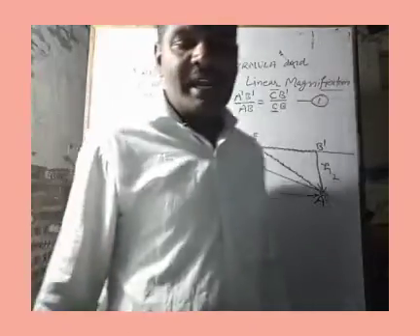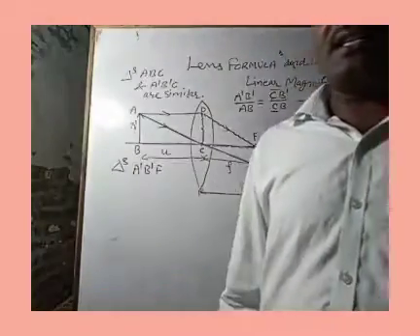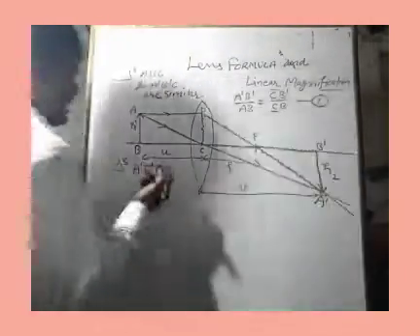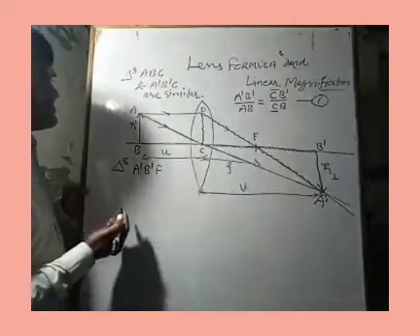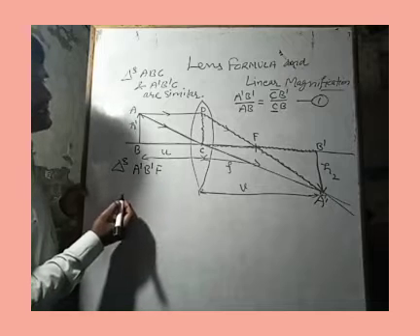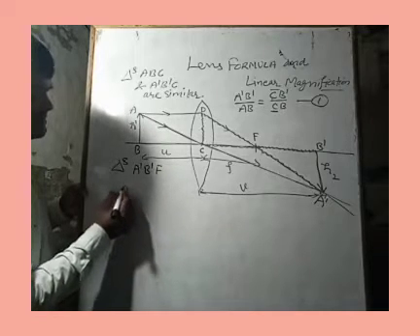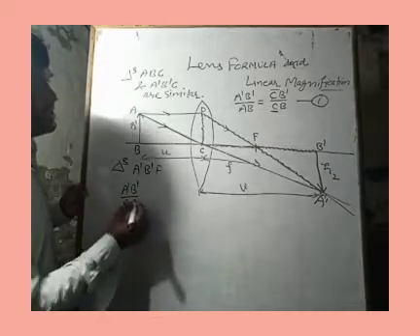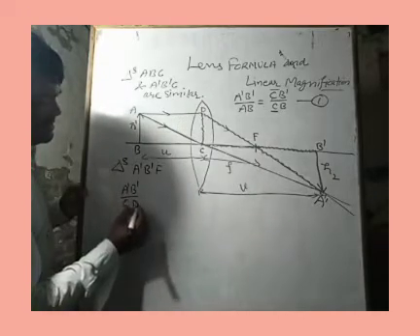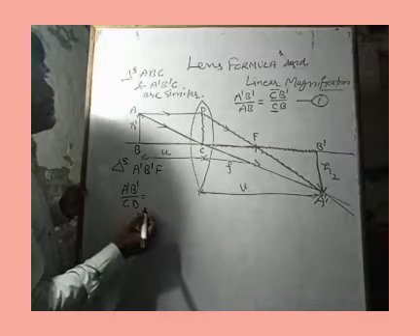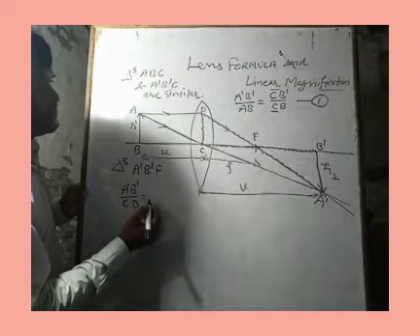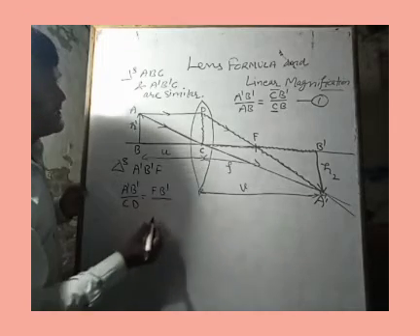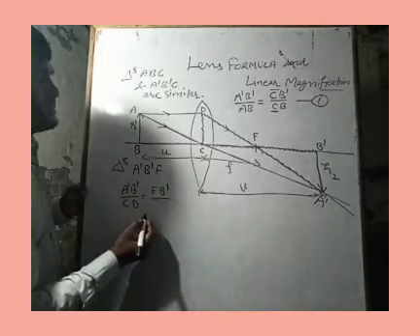Here triangles A dash B dash F and CDF are similar once again, and let's apply the same property here, such that A dash B dash by CD will be equal to FB dash divided by CF.